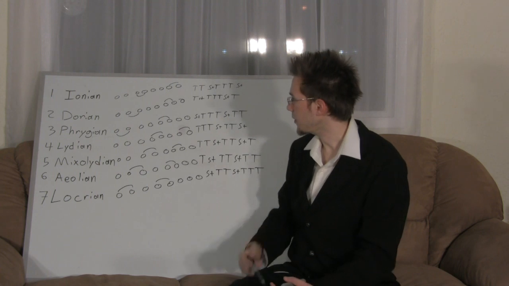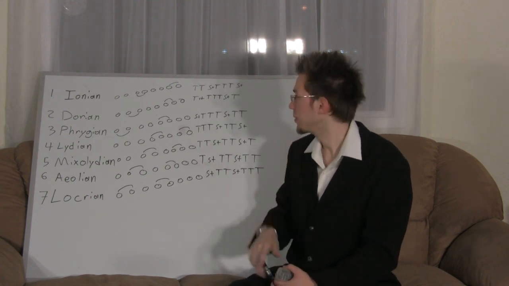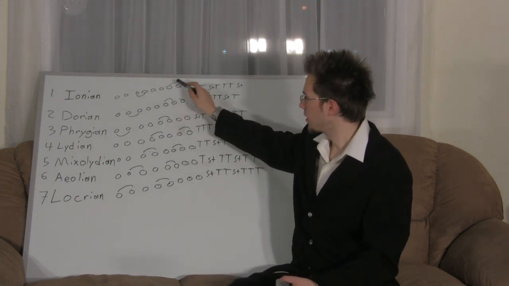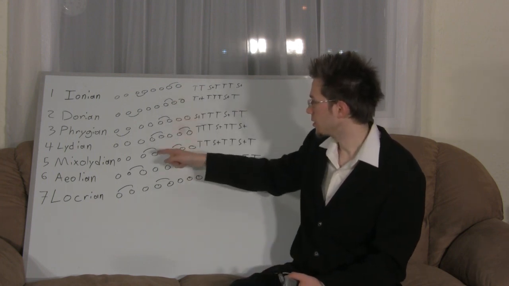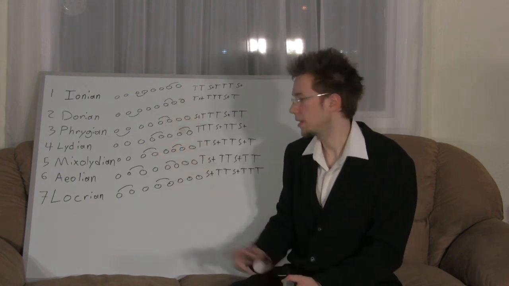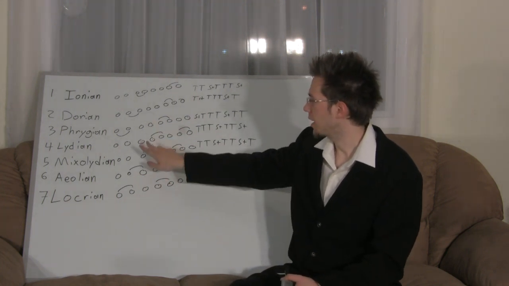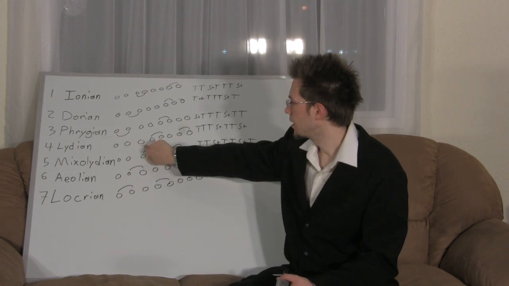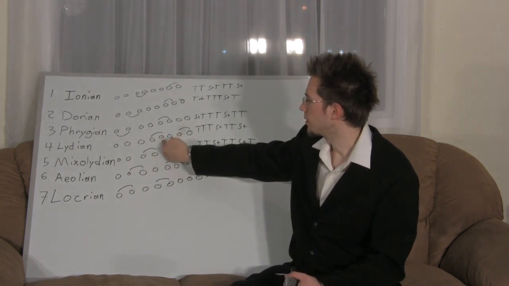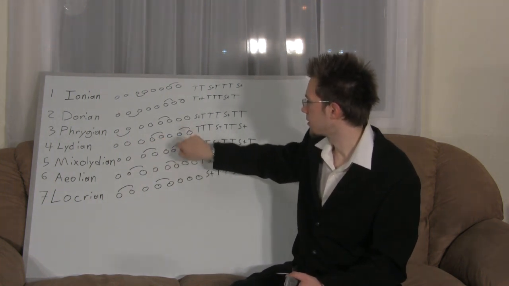Now the slurs there are showing where the semitones go. Where you see those slurs, there's a semitone in between those two notes. So if I was counting this, I'd go tone, tone, tone, semitone, tone, tone, semitone.